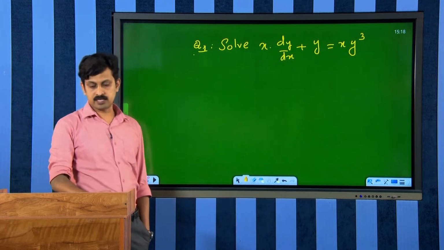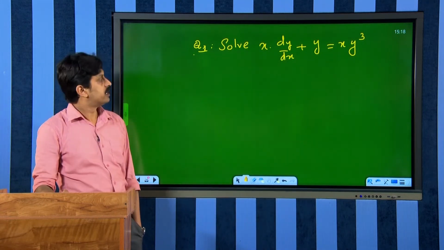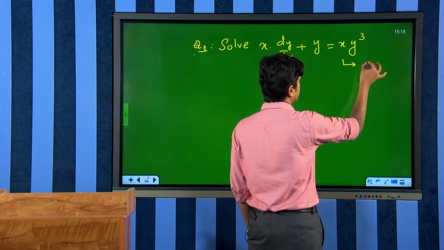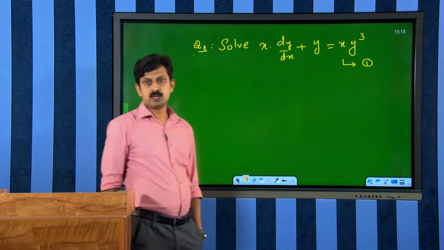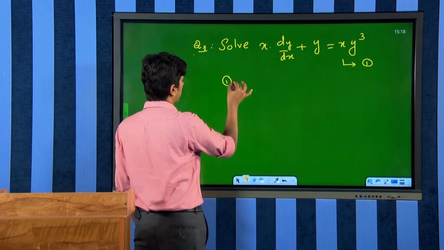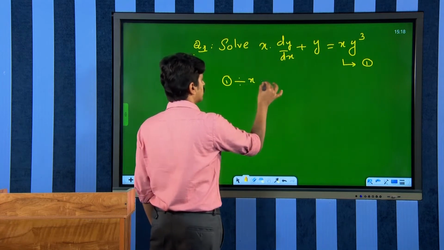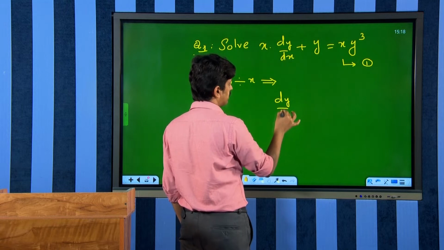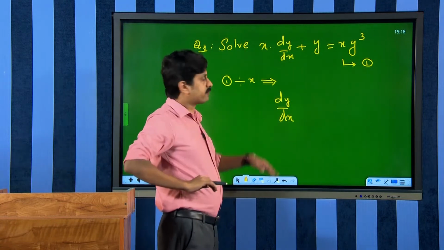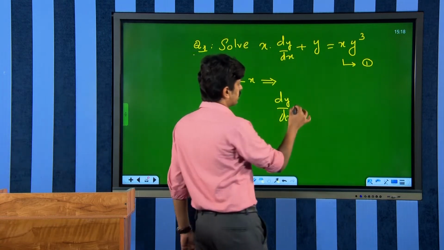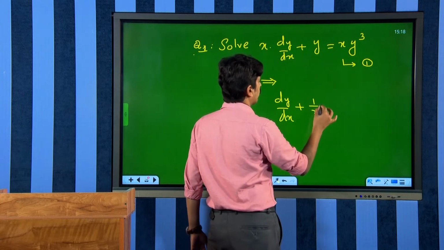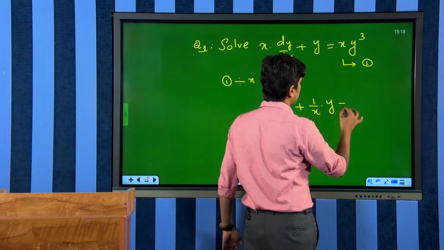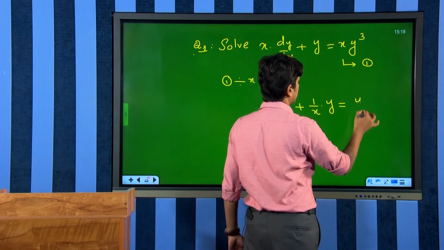Firstly, we can start with dy by dx or y dash. I would like to put this as equation number 1. Just we can divide by x. So, this implies we will have dy by dx, while dividing by x, x will go, and the next term is 1 by x into y. The last term is x by x, which will be 1, and y cube is there.